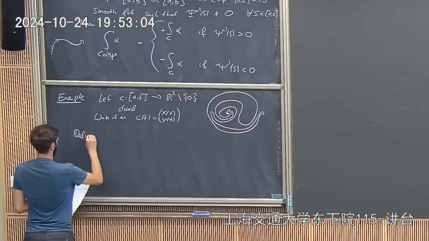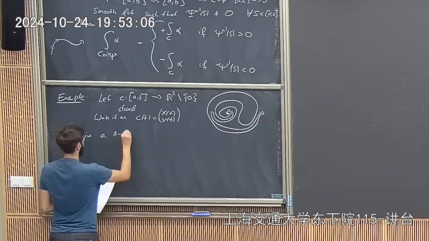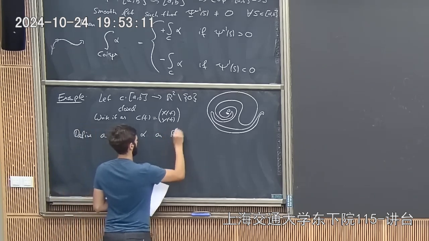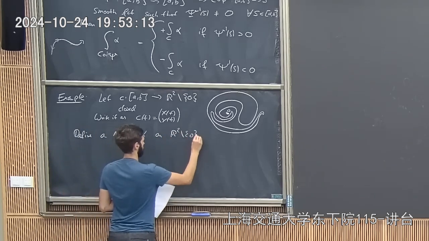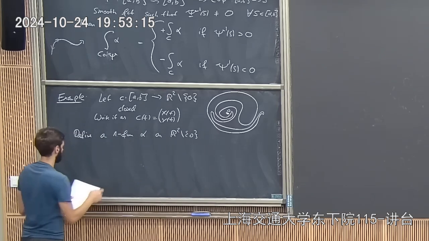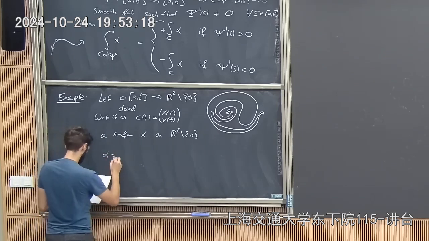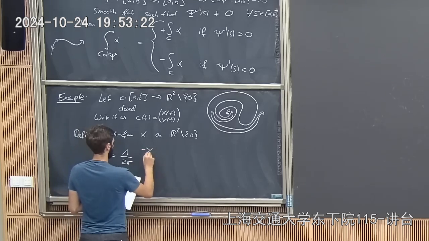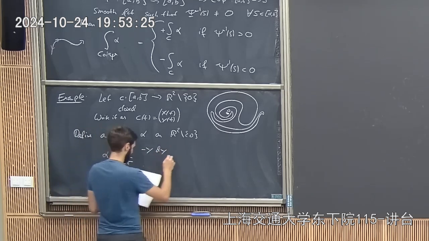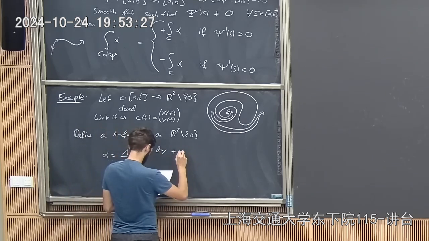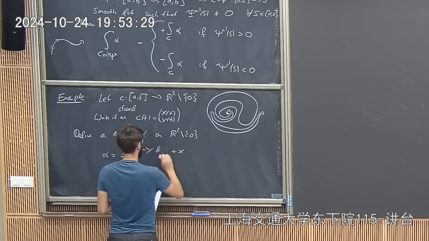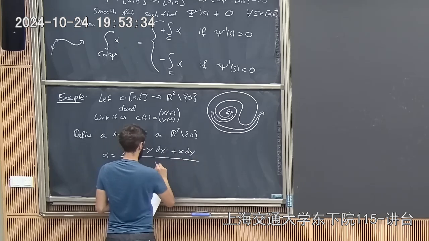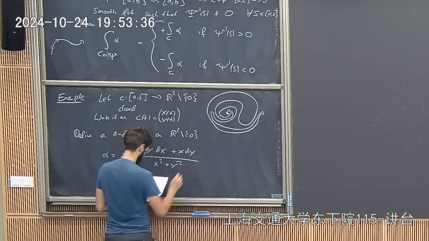And we define a one form alpha on R2 minus the origin by saying that alpha equals 1 over 2 pi times minus y dx plus x dy, over x squared plus y squared.